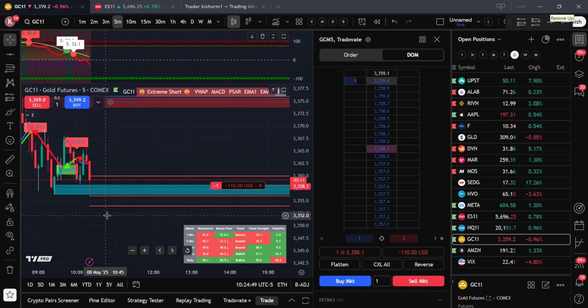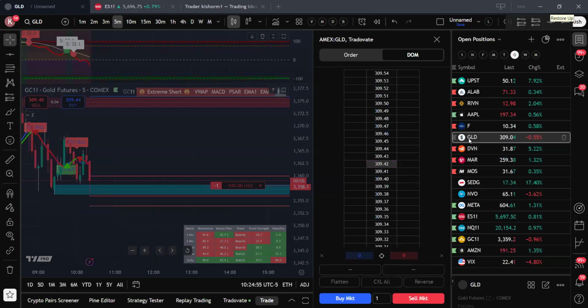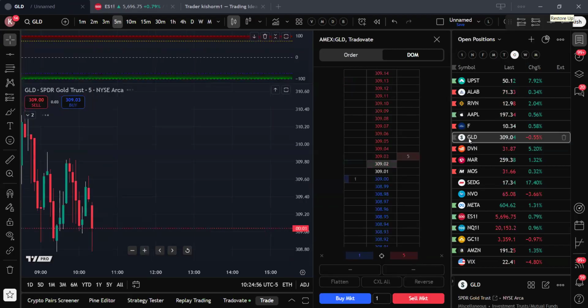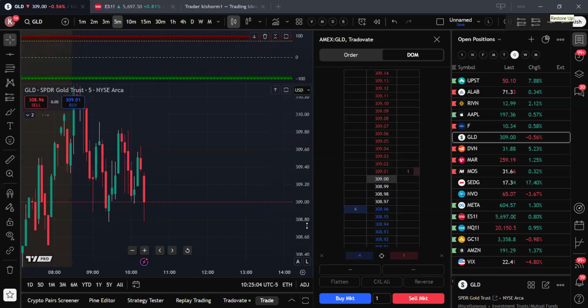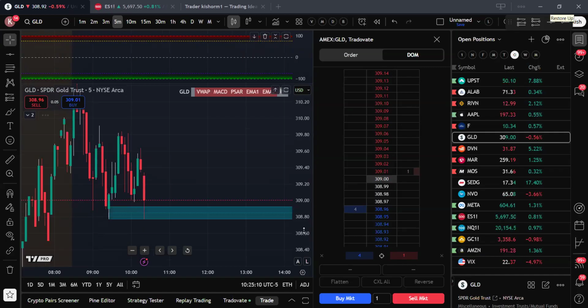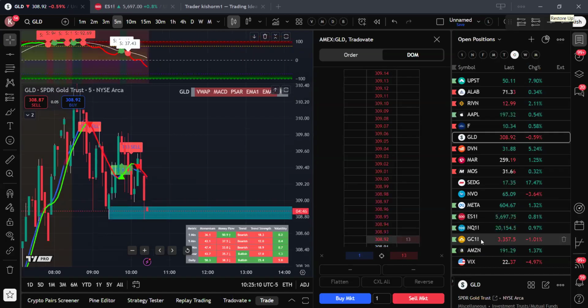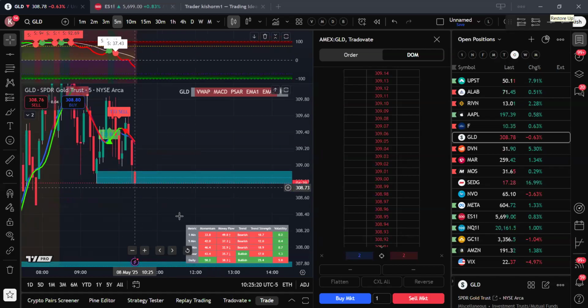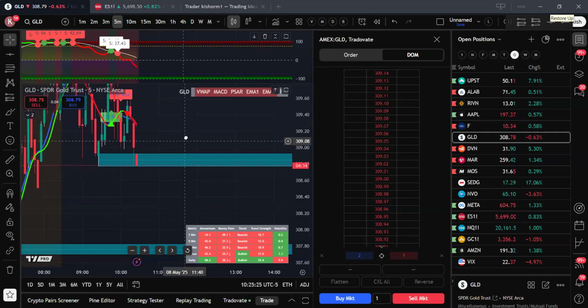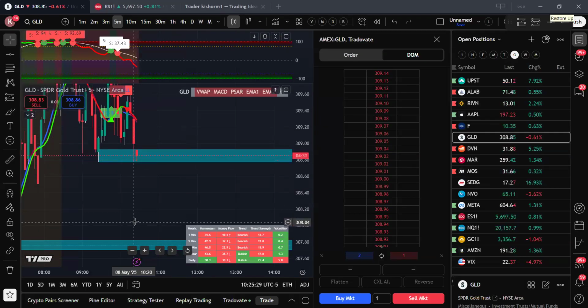The GC short, I'll hold the GC short. If gold breaks this, then it can go all the way to 307.8. If ES is going up, generally gold will drop.